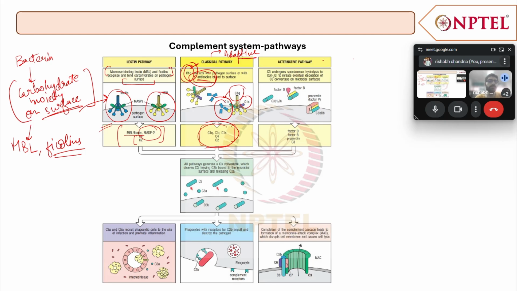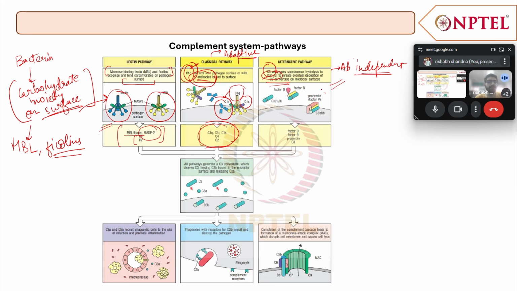Now moving on to the third pathway, the alternative pathway. This pathway is termed the antibody independent pathway. C3, upon spontaneous hydrolysis, that is the addition of H2O, initiates the deposition of C3 convertase on microbial surfaces, and then the alternative pathway initiates.